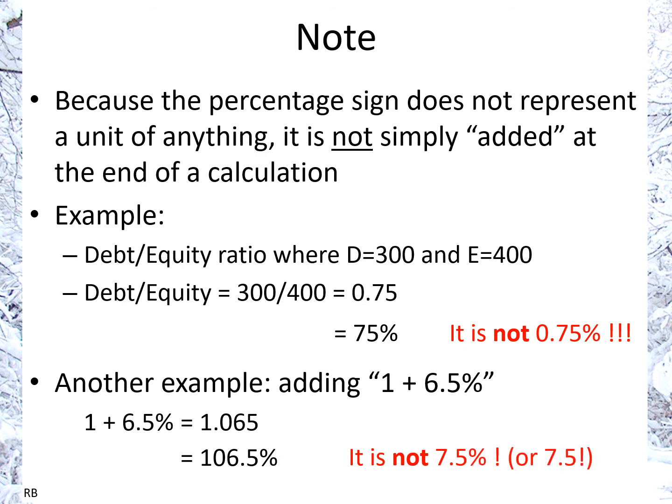By the same token, if you want to write it as a percentage, here you're shifting this over 2 decimal places, you have 106.5%, because 1 is equal to 100%. So 100% plus 6.5% is 106.5%. Anyway, what's important is you're not going to add the 1 and the 6.5 and then slap on a percent there. So it's not 7.5% and it's also not 7.5.